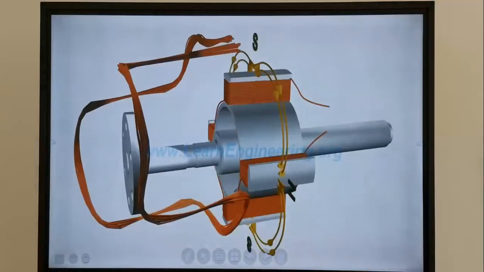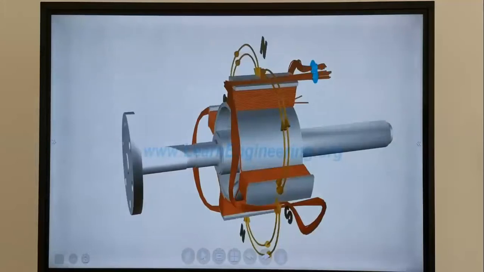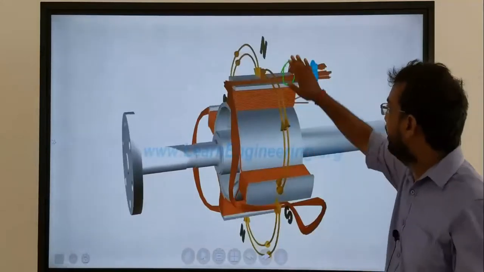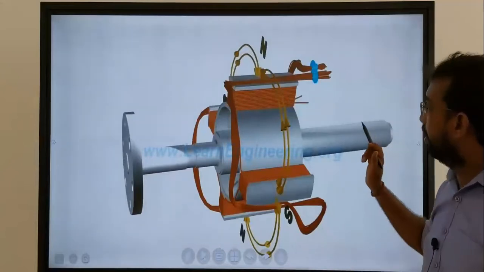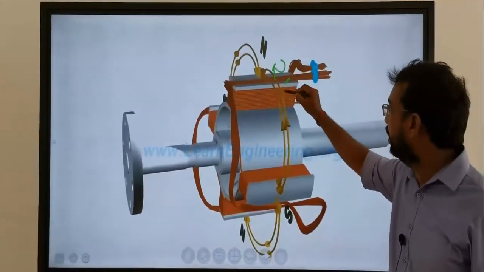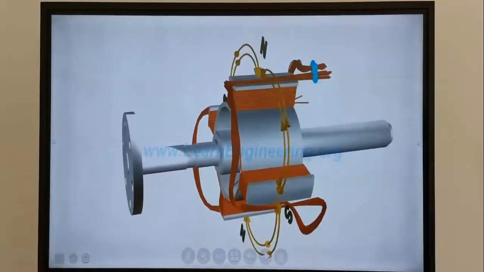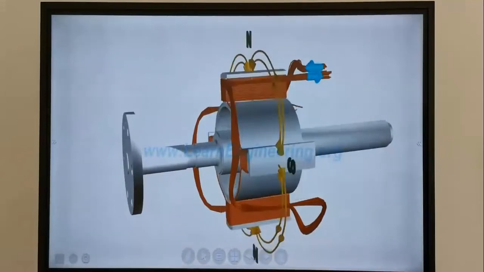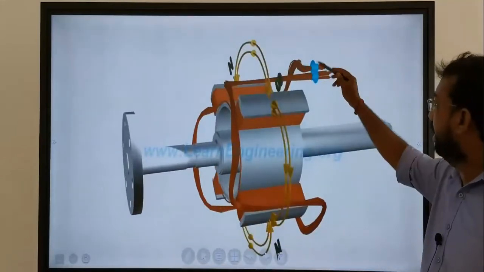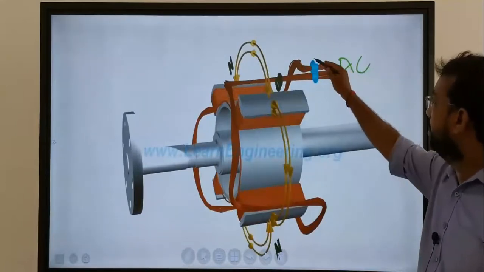Now this is the stator winding. You can see here in the symbol one stator winding, when it rotates, the side changes from north to south, and south to north. According to that, an EMF, electromotive force, is induced here. That means AC current is induced here.